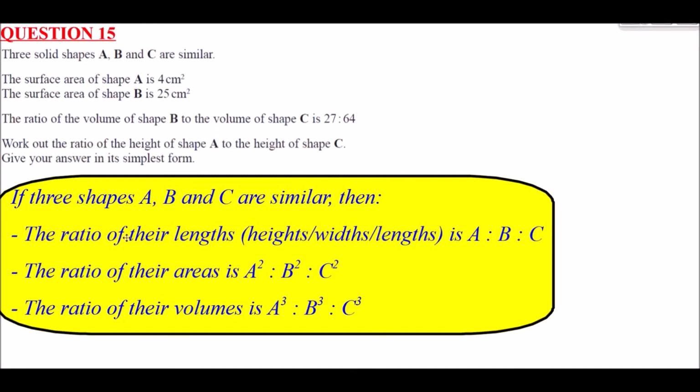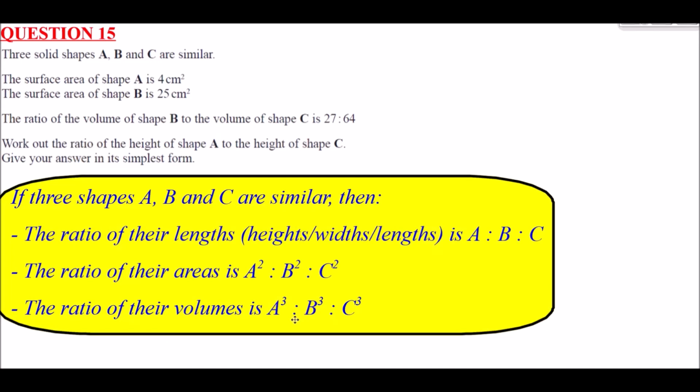The ratio of their lengths, the length ratio, which could be heights, widths or lengths, is A to B to C. So if we start with defining the length ratio as A to B to C, then the ratio of areas will be these values all squared. So areas will be A squared to B squared to C squared, and the ratio of their volumes will be A cubed to B cubed to C cubed.